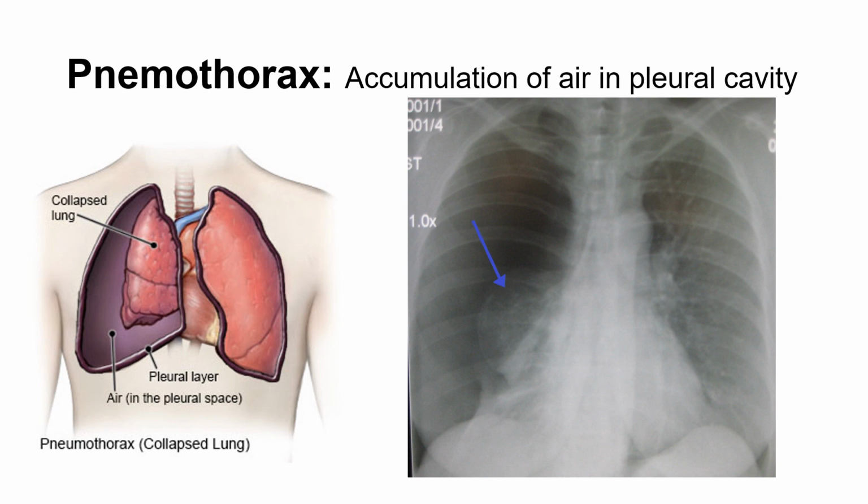So you can appreciate certain bronchial markings in the area of this blue arrow, but not in the rest of the thoracic cavity on the right side, as compared to the left side. So this shows that there is accumulation of air in the pleural cavity called pneumothorax.